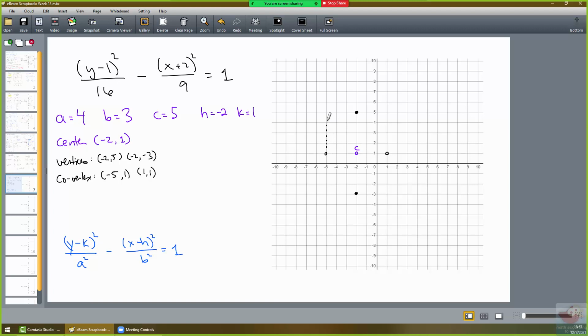Now that we have our vertex and our co-vertex, we can draw our box. And now that we have the box, we can draw in the line. Oh, that should be dotted.